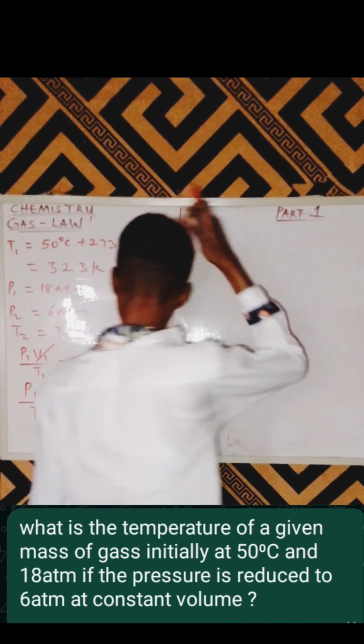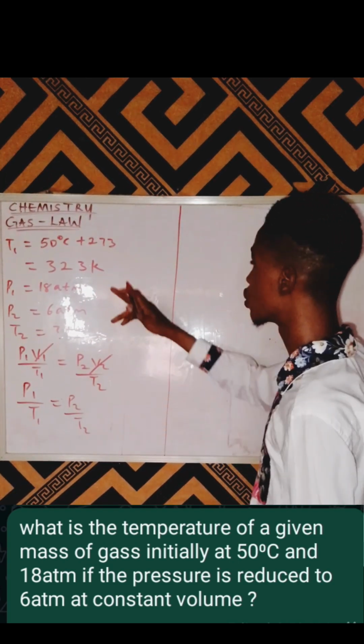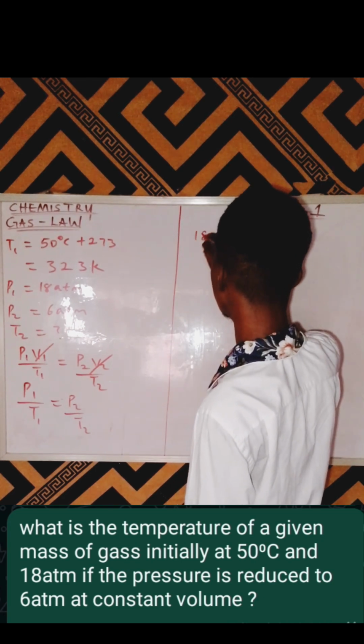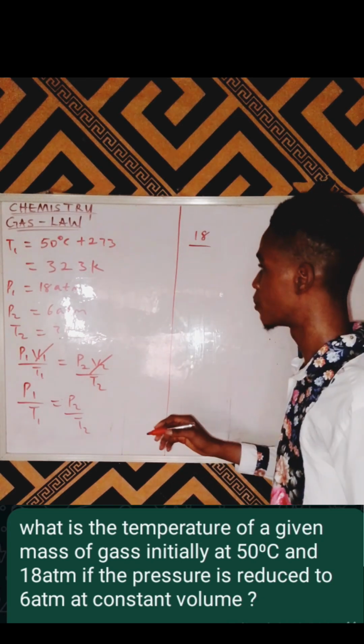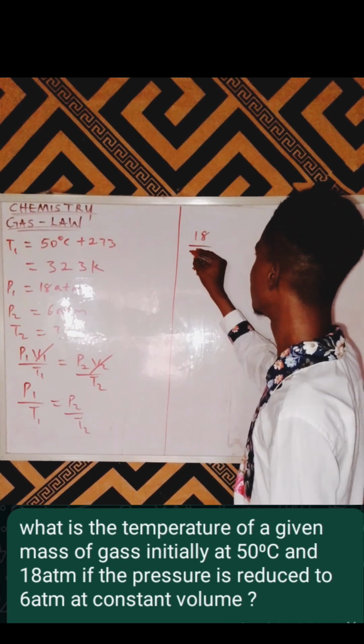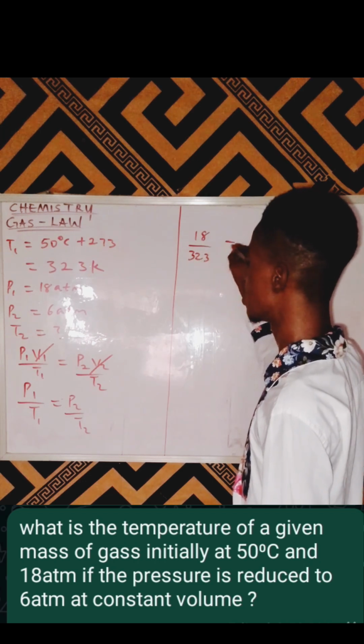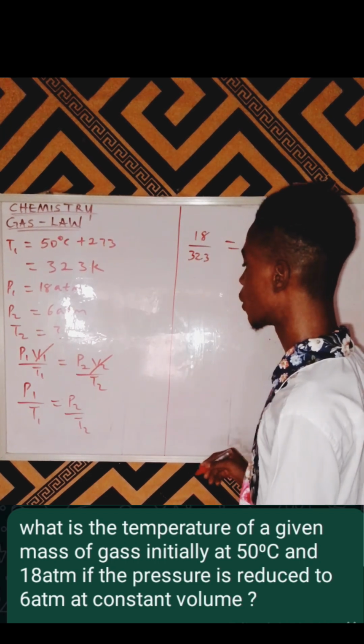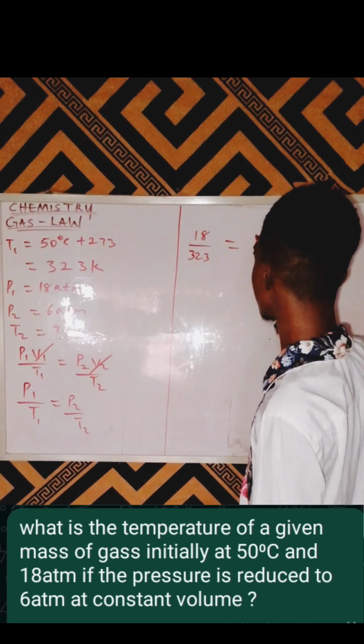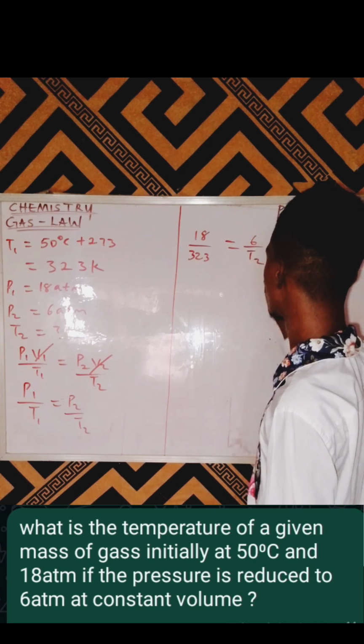So now, how am I going to do it? P1 is 18, so I'm going to have 18 over T1, which is 323, is equal to P2, which is 6, over T2.